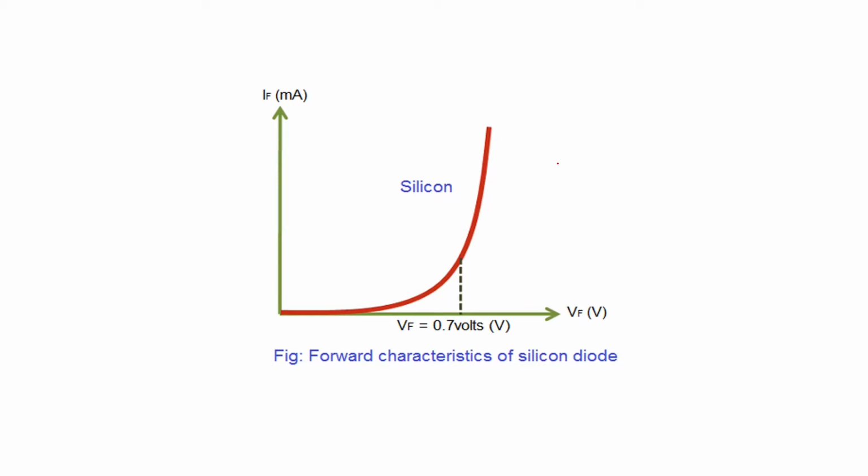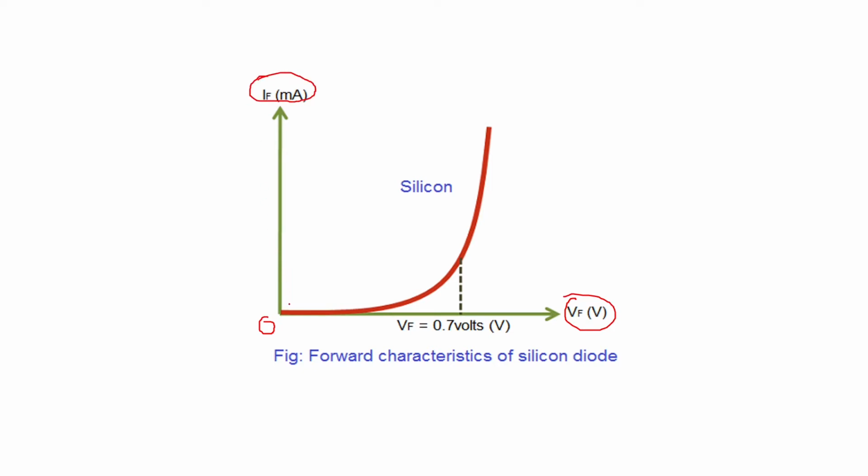Then how do the characteristics in forward bias look? Now, if your PN junction or diode is a silicon diode, then you can see the forward characteristics will start from zero. The x-axis is taken as the forward voltage here, and the y-axis is taken as the forward current.